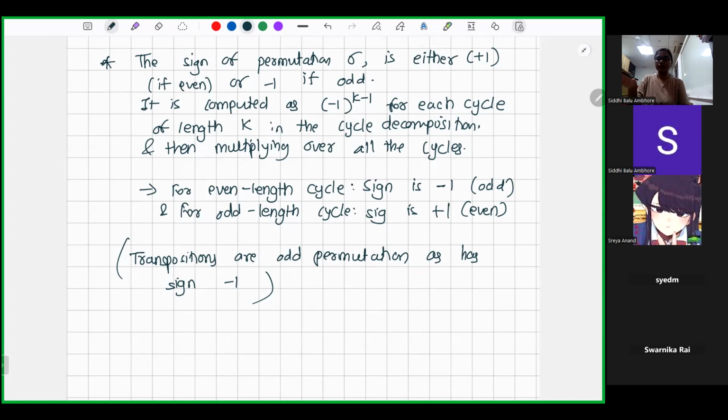Every even permutation will need an even number of transpositions, and odd permutation will need an odd number of transpositions to write it as product of transpositions, and that's where the sign is assigned. If we need an even number of transpositions, the permutation becomes even. If we need an odd number, it becomes odd with -1 sign, and so on.